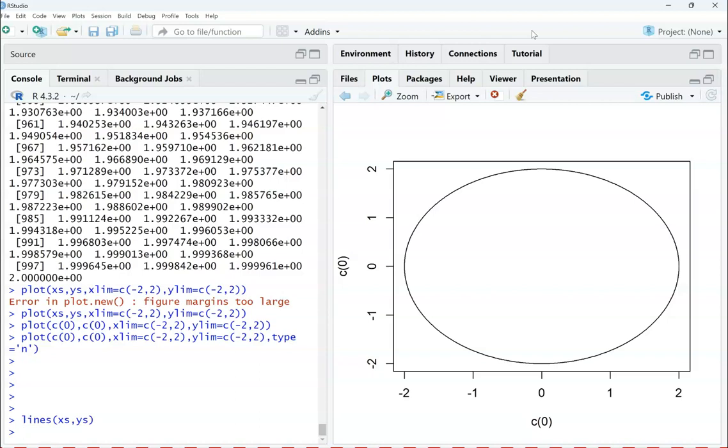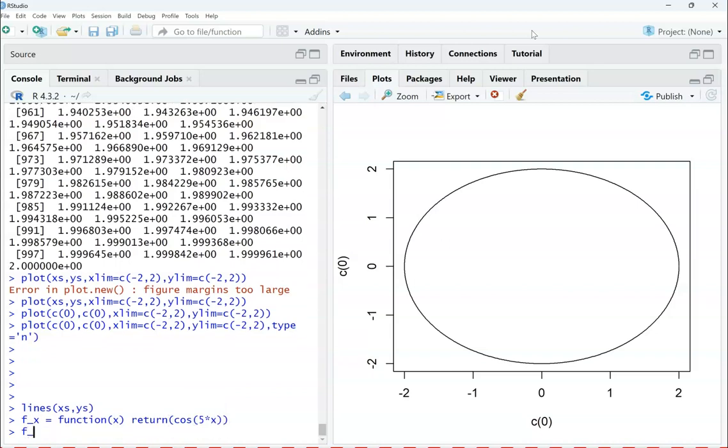Now that we have this, we can change to other types of functions. So let's say our x was cosine of 5t and our y was sine of 2t.